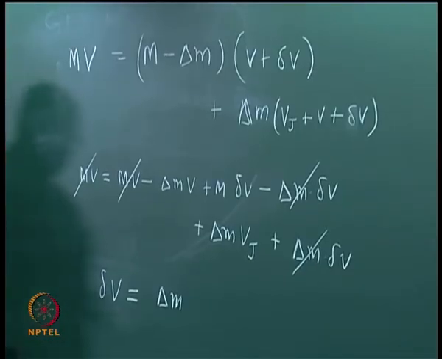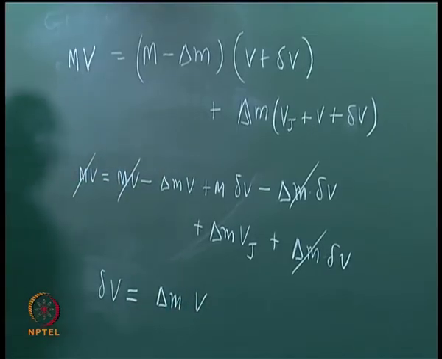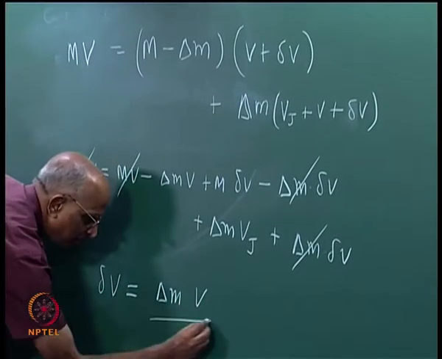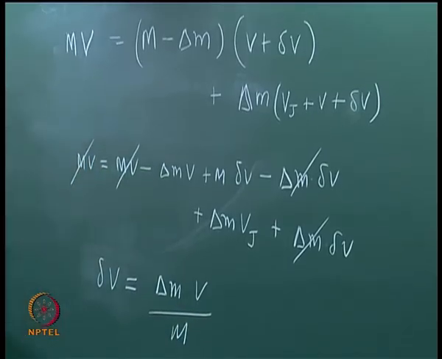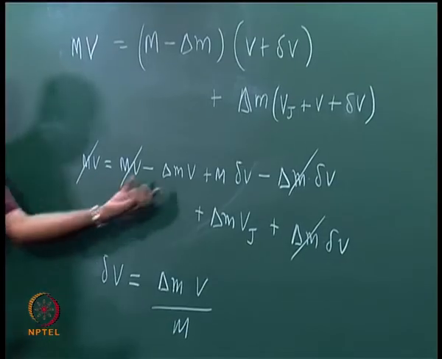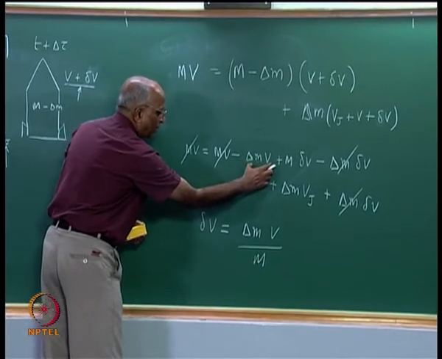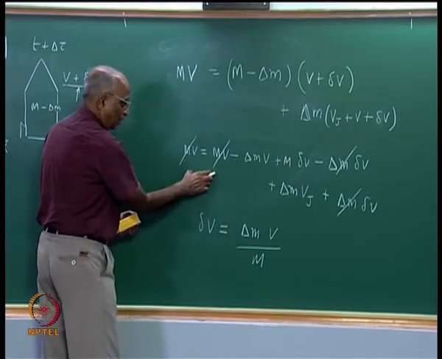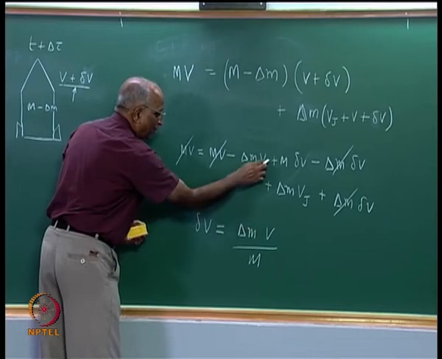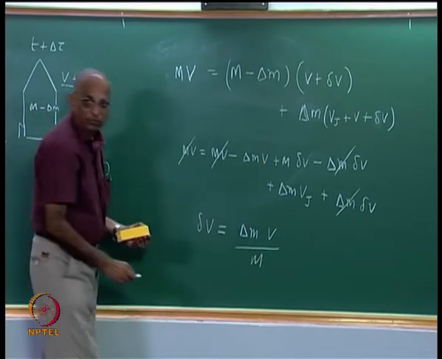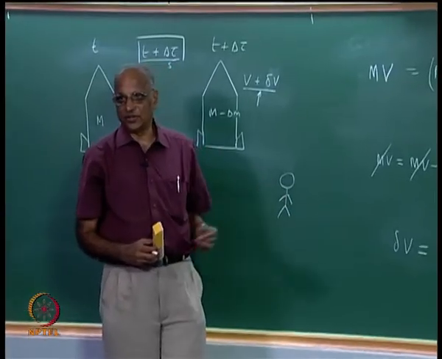Delta m into Vj divided by, yes, is it all right? See, what did I get from this equation? Let us write it again. We get minus delta m Vj plus M delta v is equal to 0, and therefore, delta v is equal to delta m into Vj divided by capital M. Just see if there is any error in this equation.